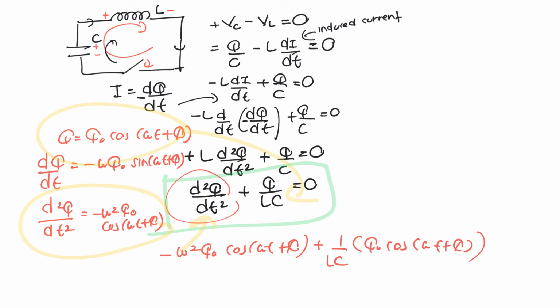You factorize, so it's going to be q naught cos(omega t plus phi) times negative omega square plus 1 over LC, equivalent to what? 0.